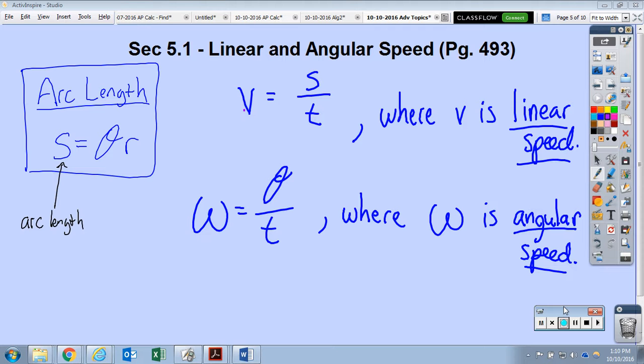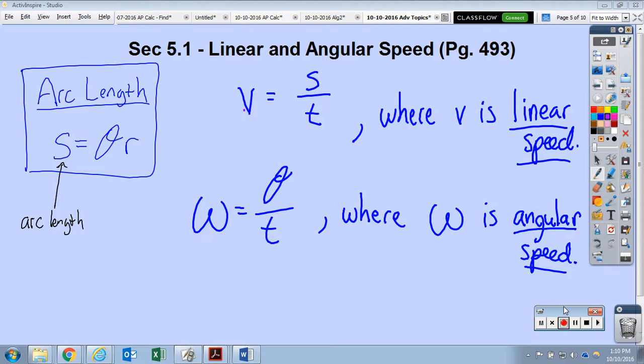So if theta increased, say, pi over 3 radians in 2 seconds, then the angular speed was pi over 6 radians per second. Pi over 3 divided by 2 is pi over 6.